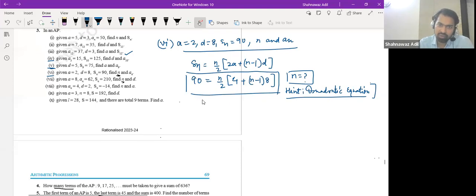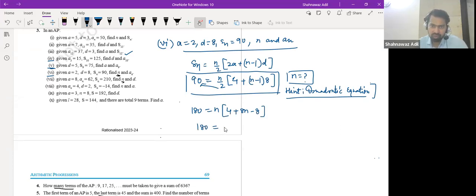So when we solve this, 2 goes in here. So this would be 180 and n, and 4 plus 8n minus 8. But I cancelled 2 with 45, like 90 with 45. So this comes here, right?